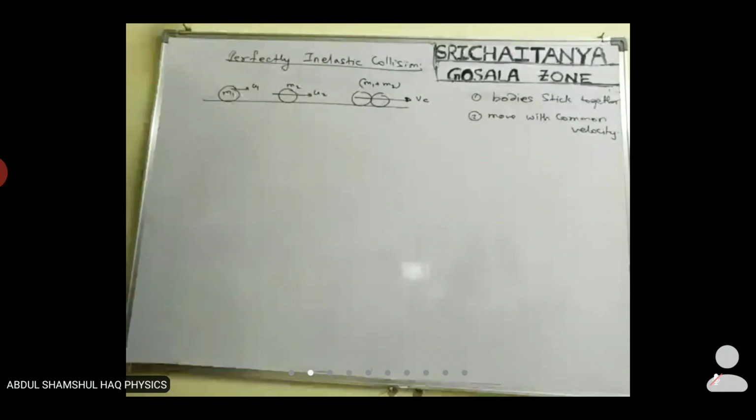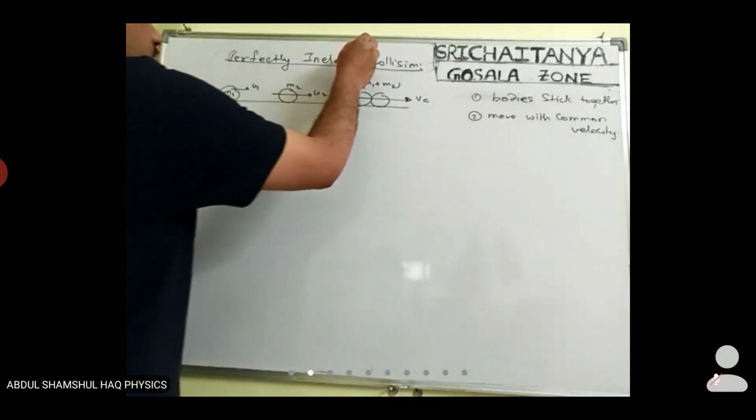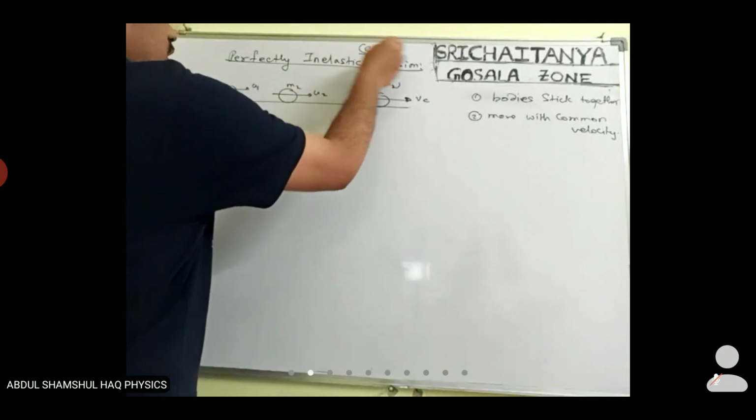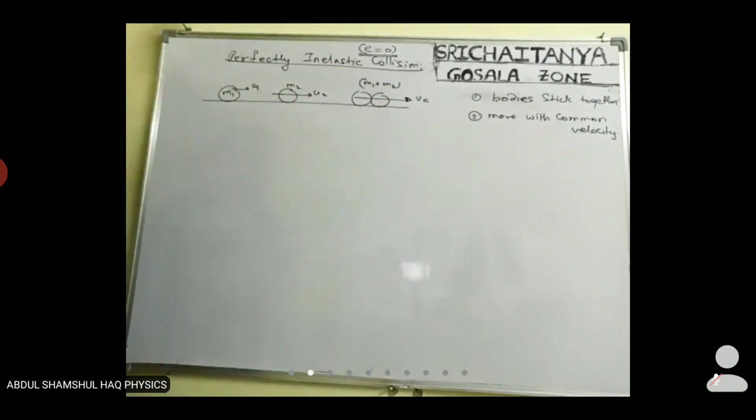That is a perfectly inelastic collision. And in this, students, in a perfectly inelastic collision, the coefficient of restitution will be equal to 0.